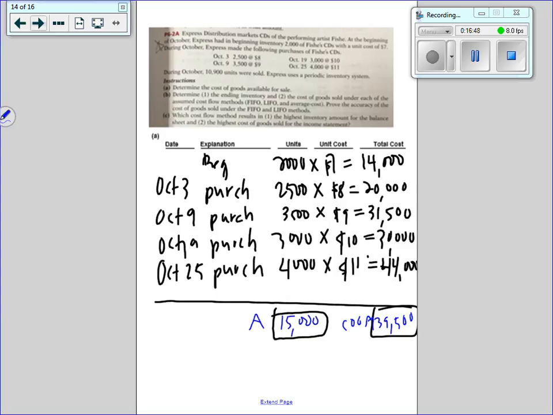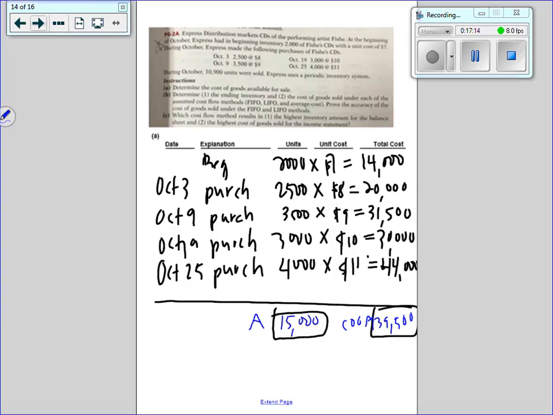Now was step two. Now we have to figure out what's still here and what's gone. They're going to give us one or the other. They typically don't do both. What they give us during October, 10,900 were sold. So sometimes they say, here's our ending inventory, or sometimes they say what sold.